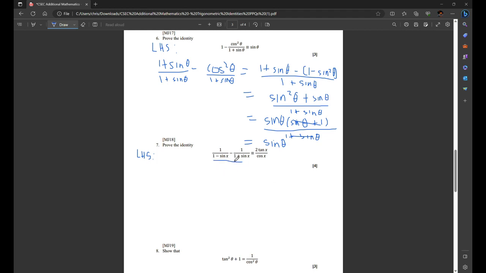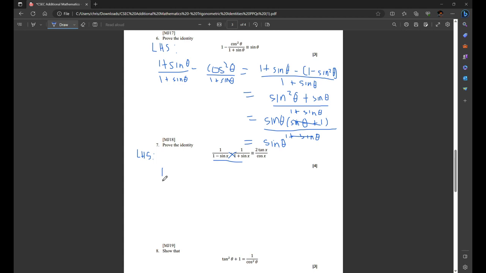I'm going to cross multiply here and here, and multiply these two together on the bottom. But what you should notice is that 1 minus sine x and 1 plus sine x are conjugates. So if I multiply those together, I'm going to end up with 1 minus sine squared, which is just cos squared. So let's see what we can do with that now.